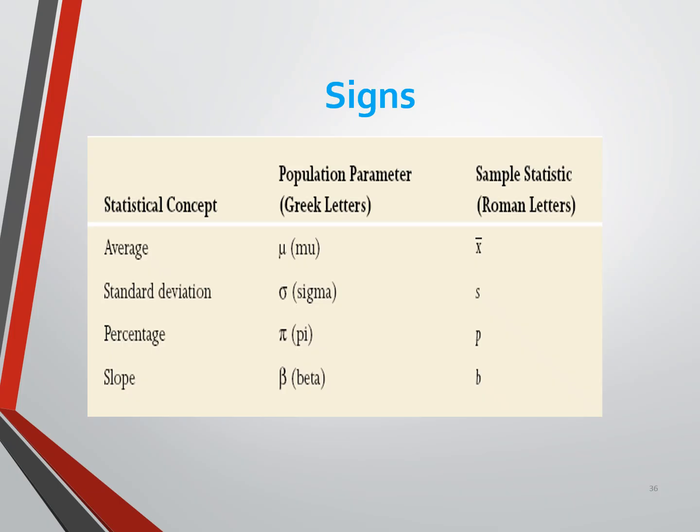Population parameters are always indicated by Greek letters, while sample statistics are indicated by Roman letters, like average, mu or x bar, standard deviation, sigma or small s, percentage, pi or small p, slope, beta or small b.